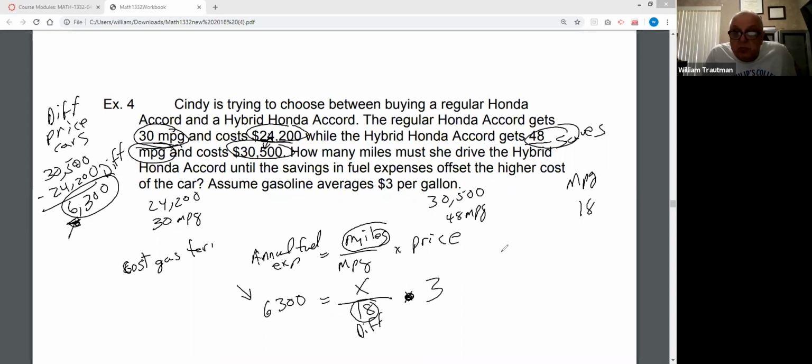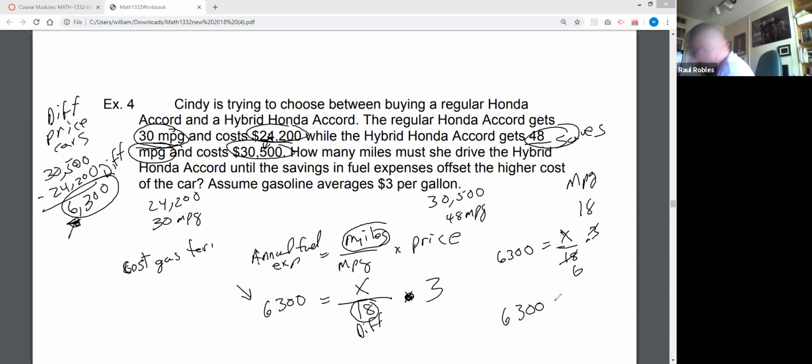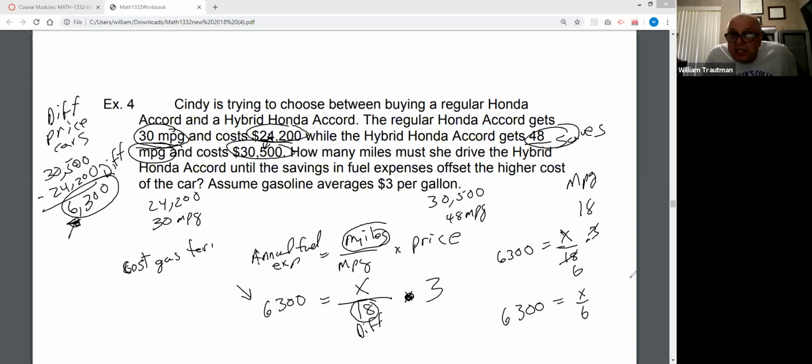So this is the formula: 6,300 equals X over 18 times 3. Do you see how these two cancel each other out, and I get the 6? 3 goes into 18 six times. So how do I get X by itself?